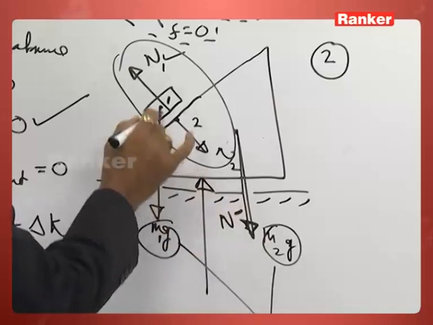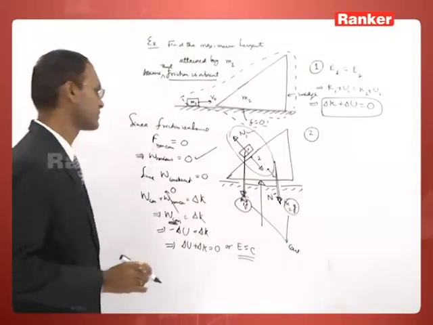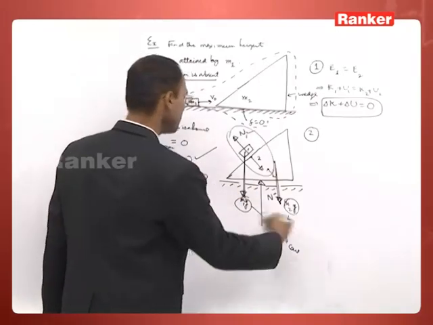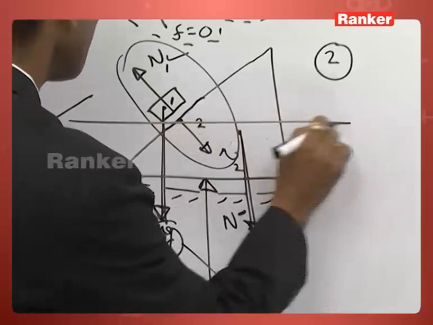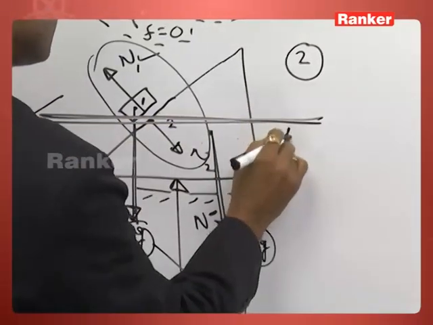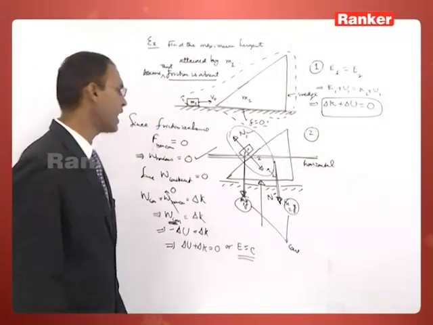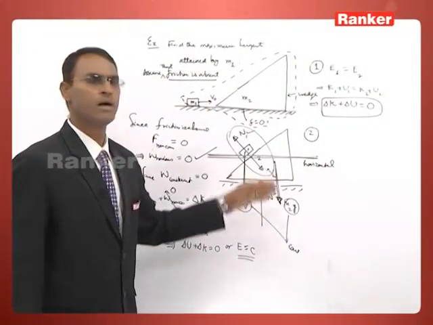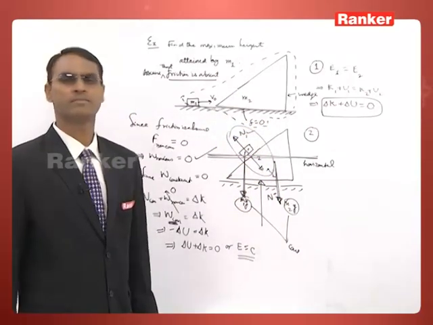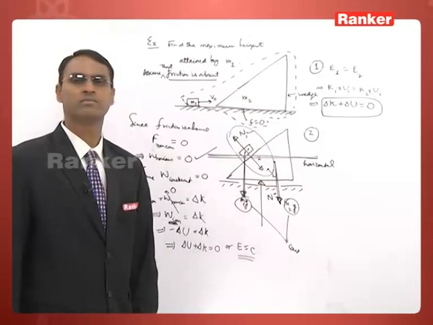and these two gravitational forces acting from outside by the earth have no component along the horizontal direction, because these three forces are acting vertically. This is acting vertically up, these two forces are acting vertically down.